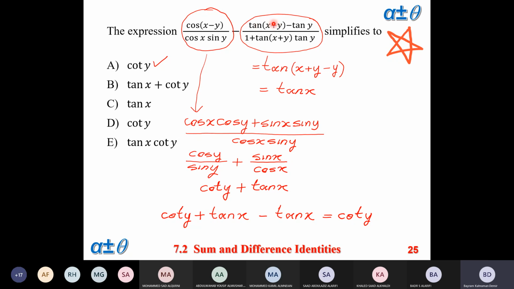So we have tangent z minus tangent y divided by 1 plus tangent z tangent y. So that is the tangent formula for tangent of z minus y. So tangent of z minus y, the plus y minus y is cancelled. So we'll get tangent x. All right.